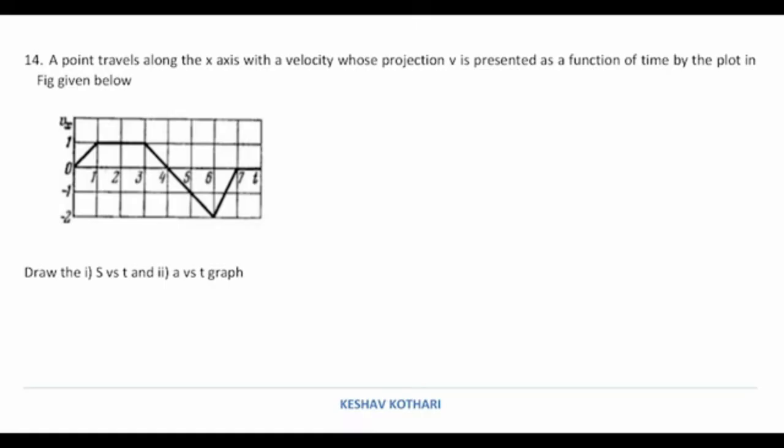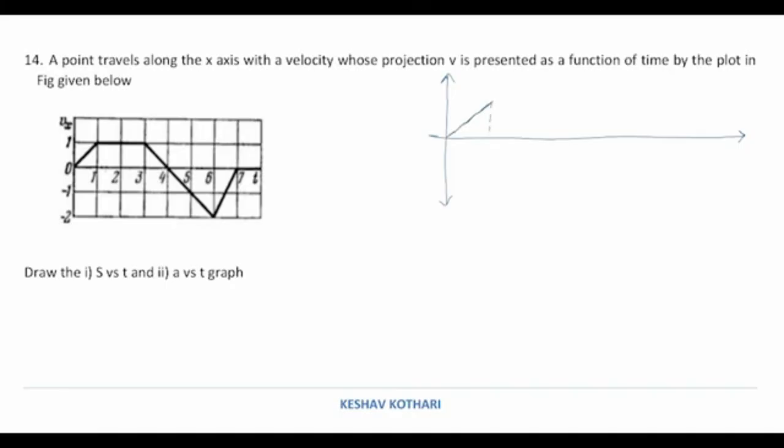So I am redrawing this velocity time graph, and then we will understand one by one how to draw the acceleration versus time and displacement versus time graph. From 0 to 1 second the velocity is rising, so it is an example of accelerated motion.